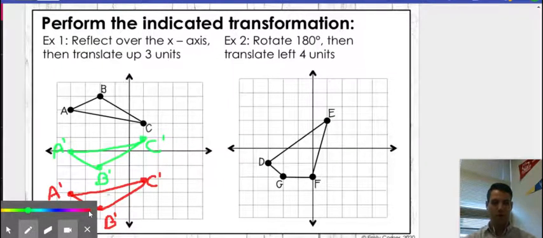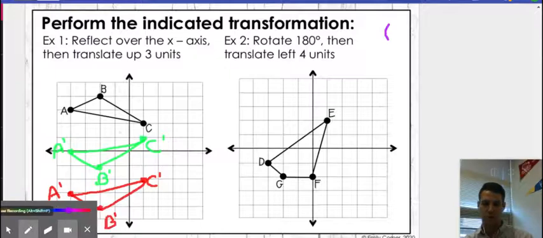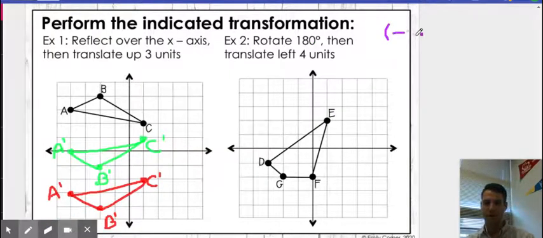So let's pick 2 different colors over here to do our problem number 2. When we are rotating 180 degrees, remember that we are going to make all those points follow those rules we've been mentioning. The rule for rotating 180 degrees is -x, -y, and we want to use that to our advantage to make this process faster.